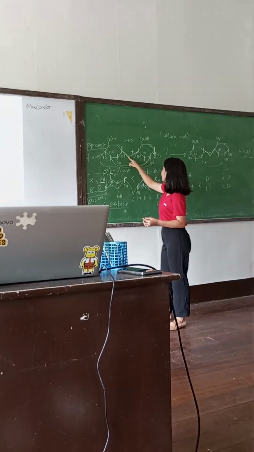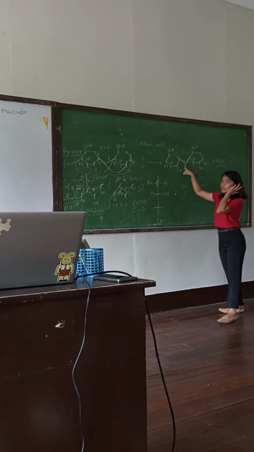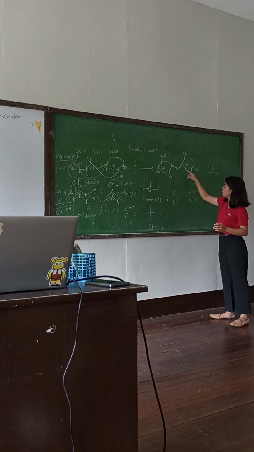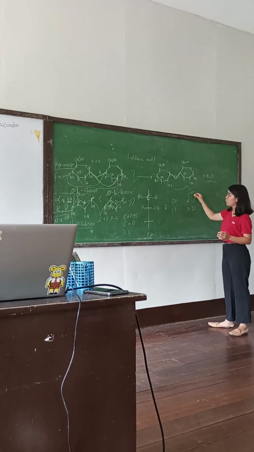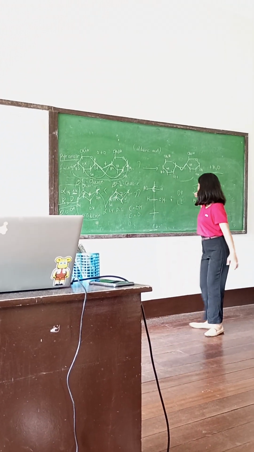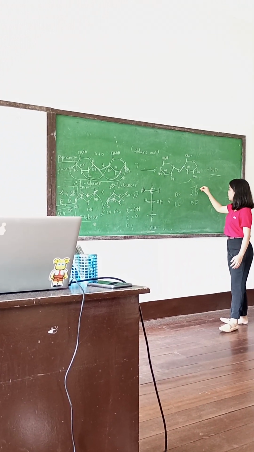This is 1, so the bonding of this one is to C1. So 1, 2, 3, 4. You have 4, 1. Therefore, since this one is beta, your answer must be beta.